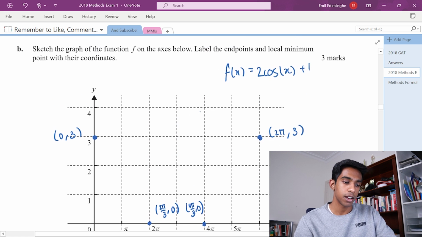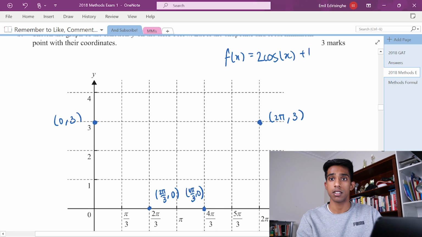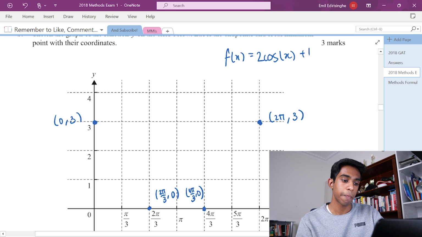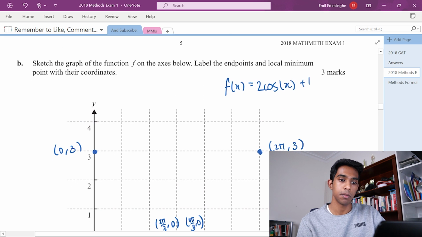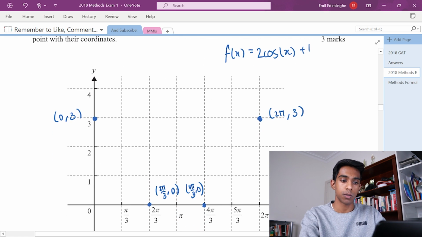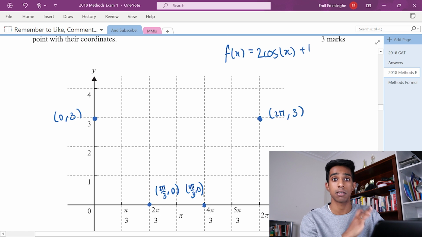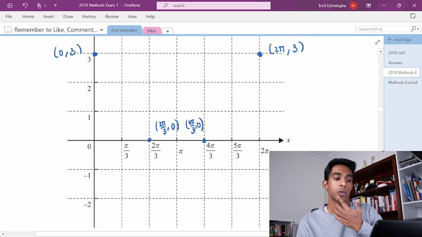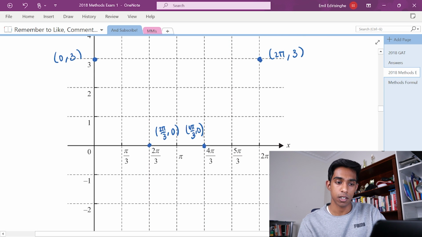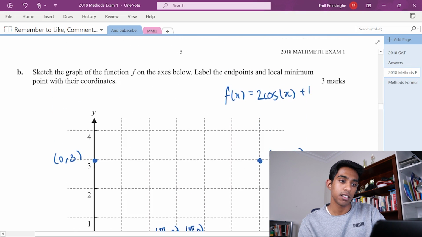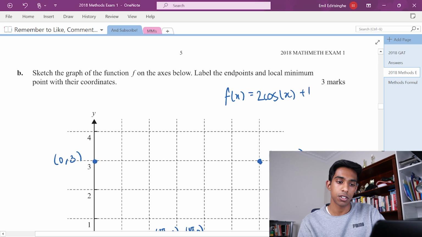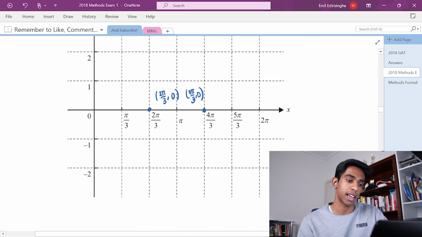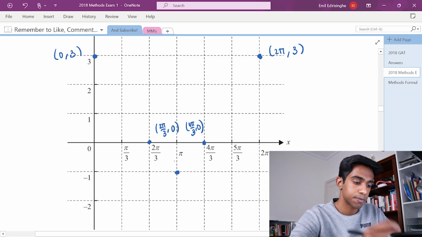Now, the other thing that I know is that since cos is essentially a symmetrical function, the local minimum is going to occur halfway between the endpoints because it hasn't been moved left or right. So therefore, I know that the local minimum is going to occur when x equals pi, and the minimum of this equation is going to be 1 minus 2, which is going to be at -1.